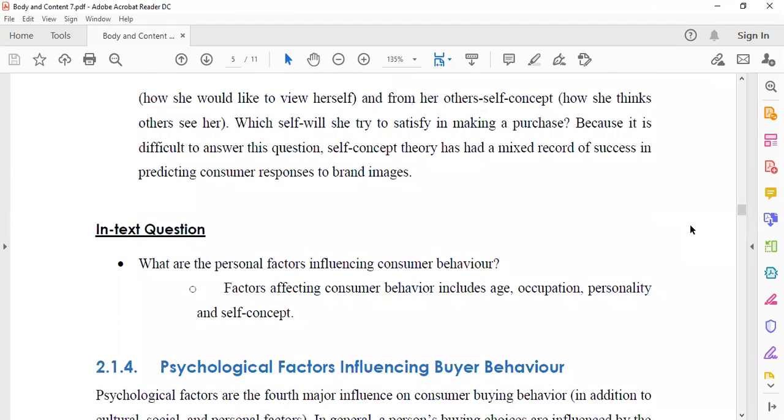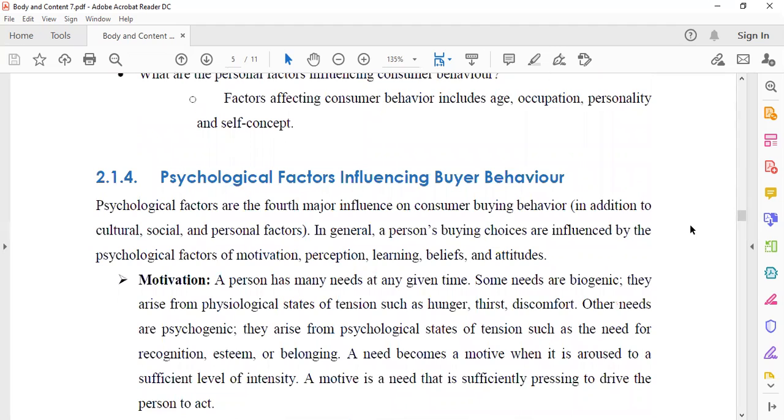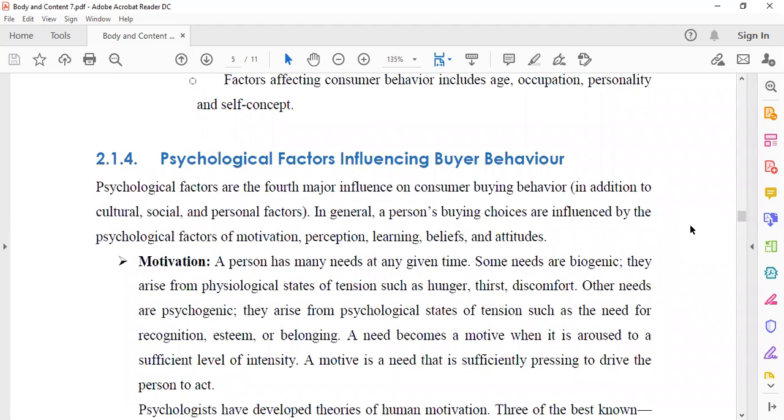And lastly, we also have the psychological factors. Psychological factors include motivation, perception, learning, beliefs, and attitudes.